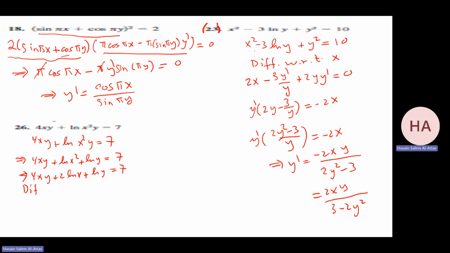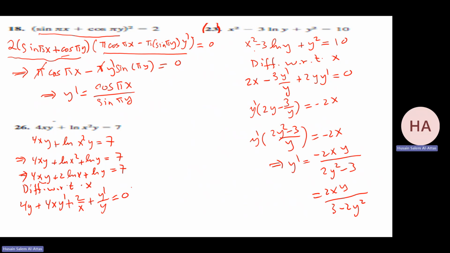Now I will differentiate with respect to x. What will you get? Here I have a product. So I have 4y plus 4x y prime plus 2 over x plus y prime over y equals 0.